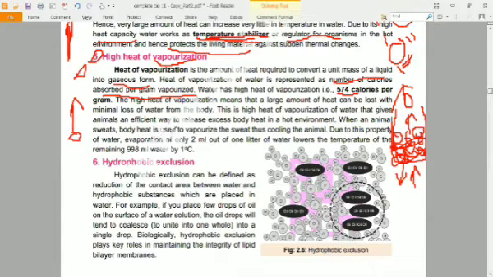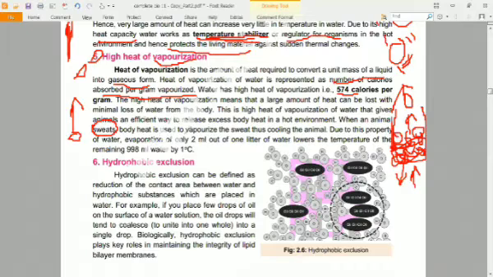When we sweat, the water near our body surface evaporates by taking heat from the body and from the surroundings as well, because outside it's too hot.